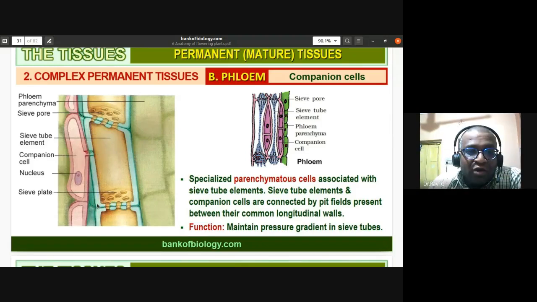These are the common longitudinal walls. They have pit fields. So the companion cell is connected to the sieve tube by pit fields present on their longitudinal walls. The function of companion cell is to maintain the pressure gradient in sieve tube. The major function of companion cell is to maintain the pressure gradient, that is difference of pressure. Pressure gradient is nothing but difference of pressure is maintained in the sieve tube by the companion cells.